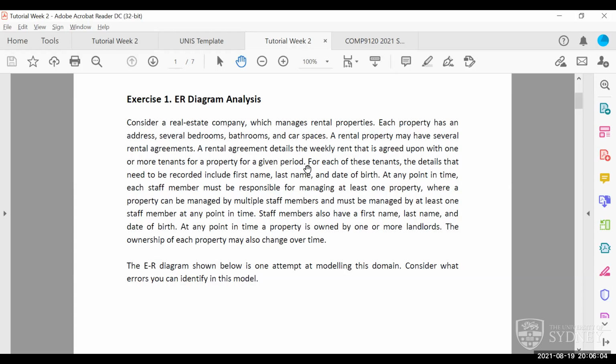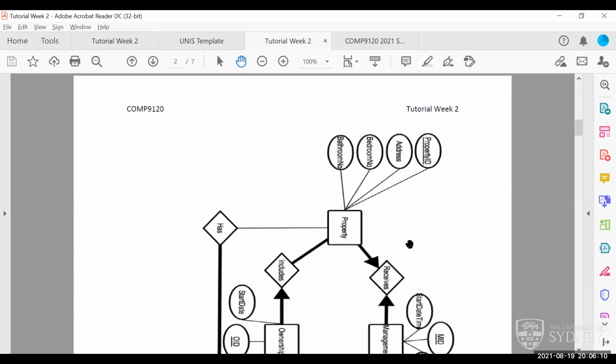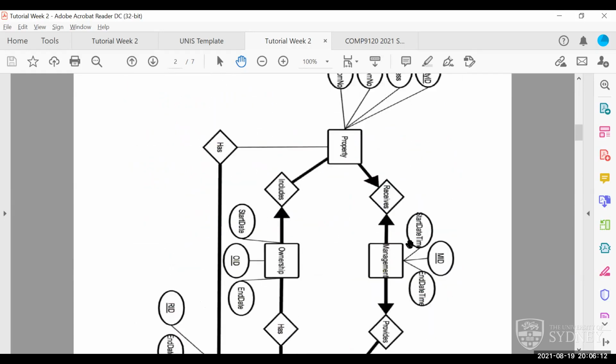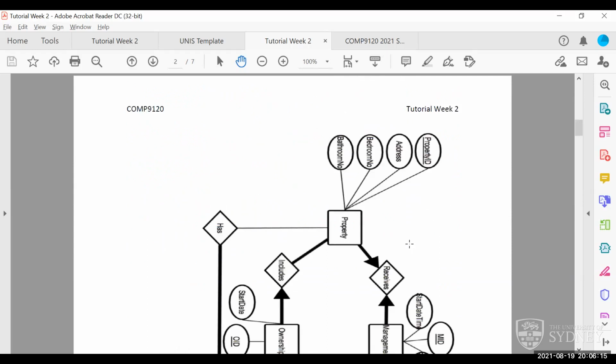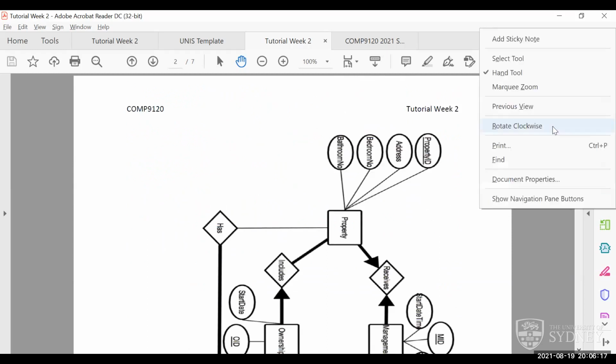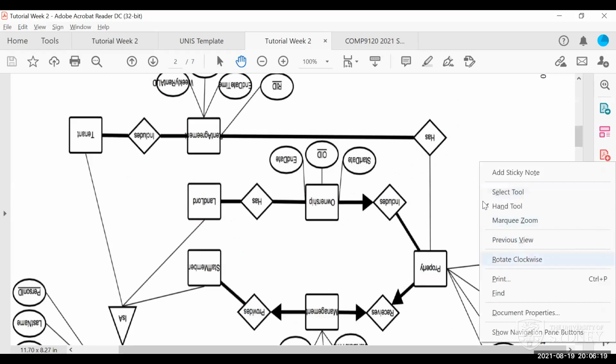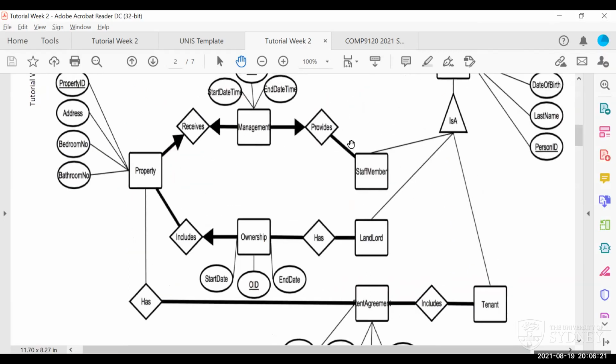This scenario is about a real estate company, and if you go to the second page, you can see there is an ER diagram here. Let me just rotate this ER diagram.